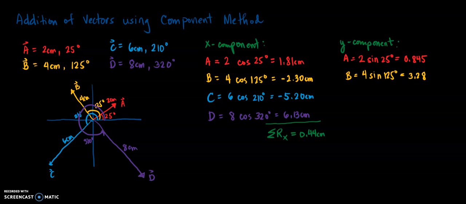Then for vector C, that is 6 sine 210, and that is negative 3. And for vector D, that is 8 sine 320.